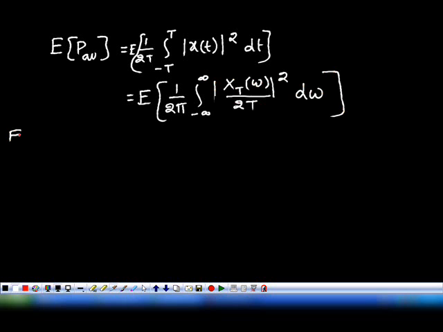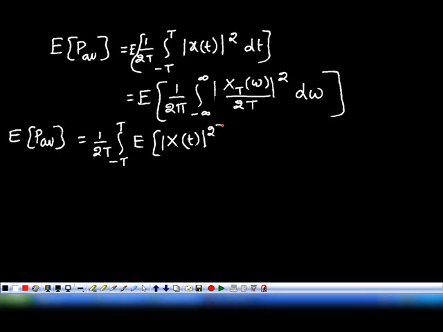Therefore, this expectation of P average can be written as, see here we can change the order of expectation and integration. This will be equivalent to 1 by 2T, integral minus T to plus T, expectation of mod X of t whole square.